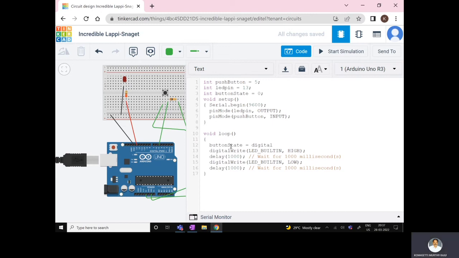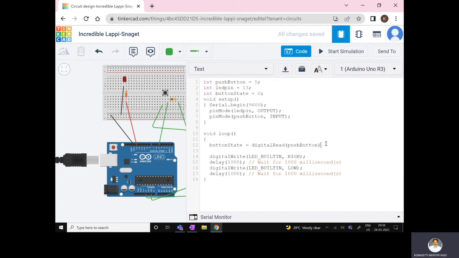We use digital read of push button. Here the digital value is read from the fifth pin. The fifth pin is assigned to push button. Here we can write push button. Semicolon is not used here.